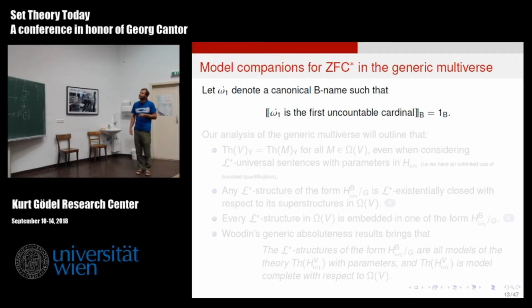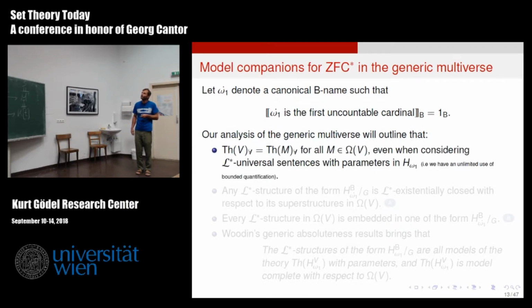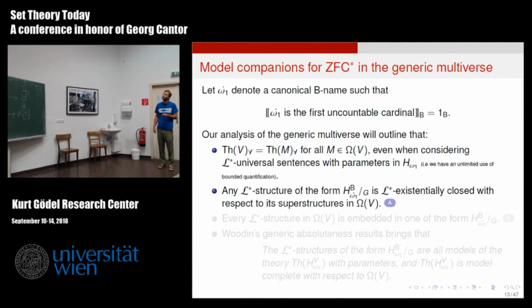And now what will happen? If we take this type, whenever we are able to put this structure inside our generic multiverse, this occurs when this number is smaller than or equal to the size of B, then we have that this structure is existentially closed.